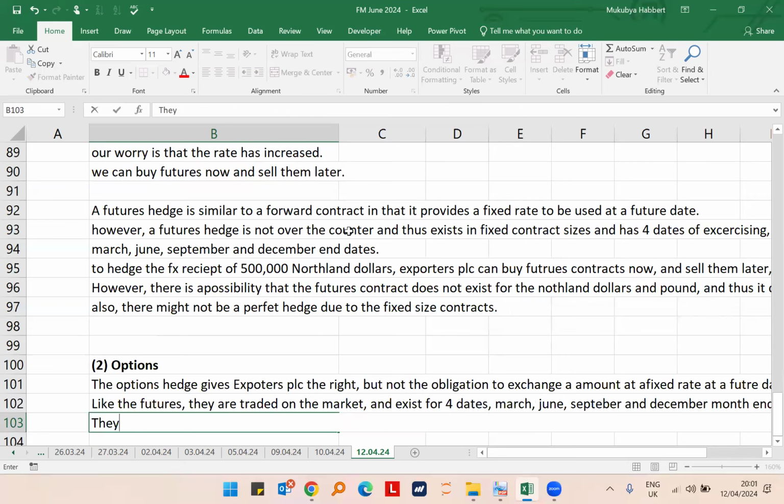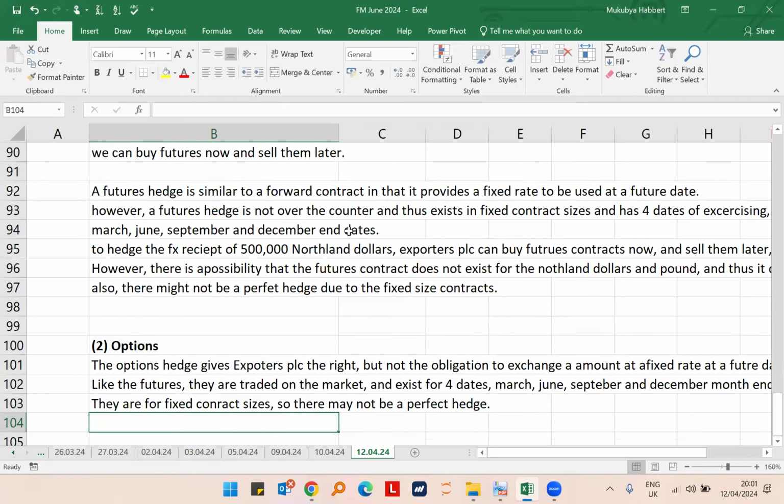They are also for fixed contract sizes, so there may not be a perfect hedge. Because as we said, with fixed size contracts you go out there and determine how many contracts you need, so you may under hedge or over hedge.